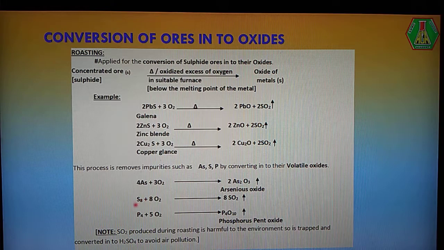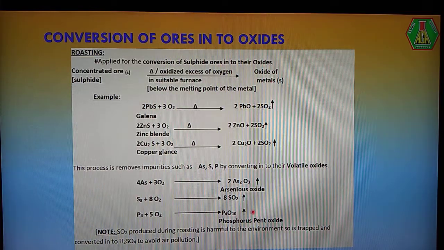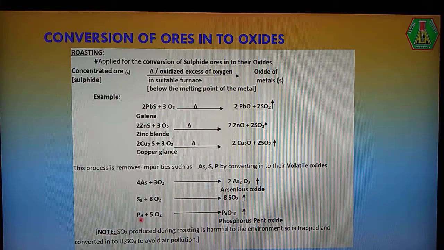That's why S8 is very necessary. Okay, don't write S. Similarly, phosphorus also, P4, the atomicity of phosphorus is 4. That's why P4. So our volatile oxide here is phosphorus pentoxide. In our board exam, they are asking: during the roasting process, phosphorus is converted into dash.